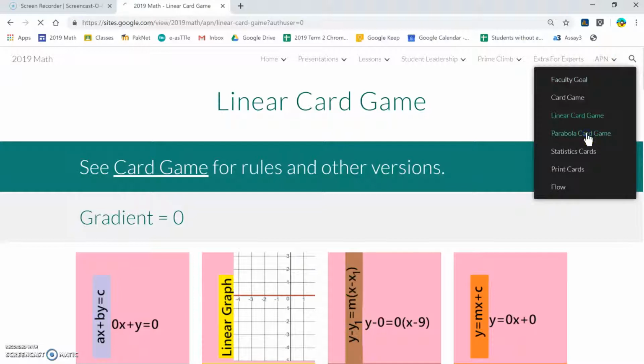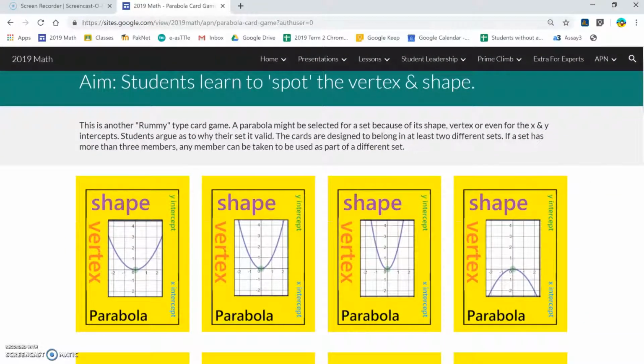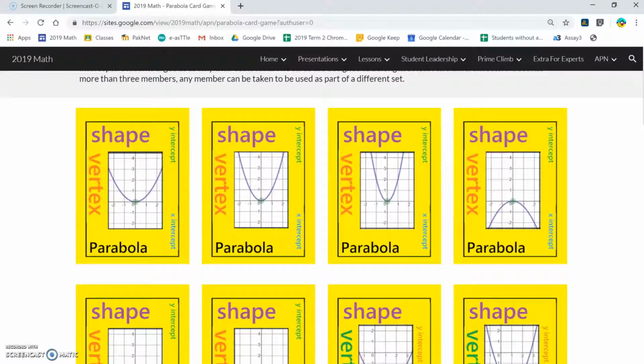So if we go to the parabola card game, this one is just ridiculously simple, and I would use it for reading the coordinates of the vertex. This is how I would teach coordinates straight away on a vertex of a parabola, because we've got that little green vertex in there.